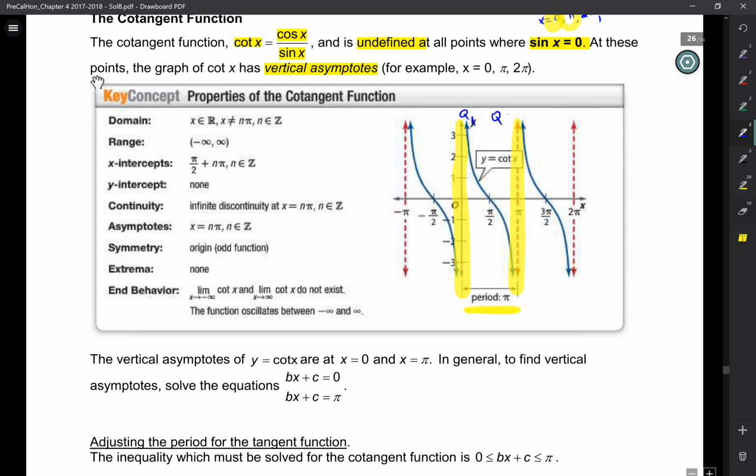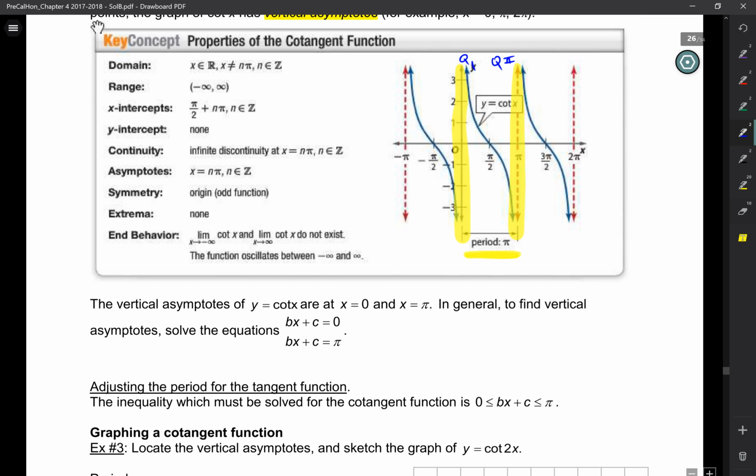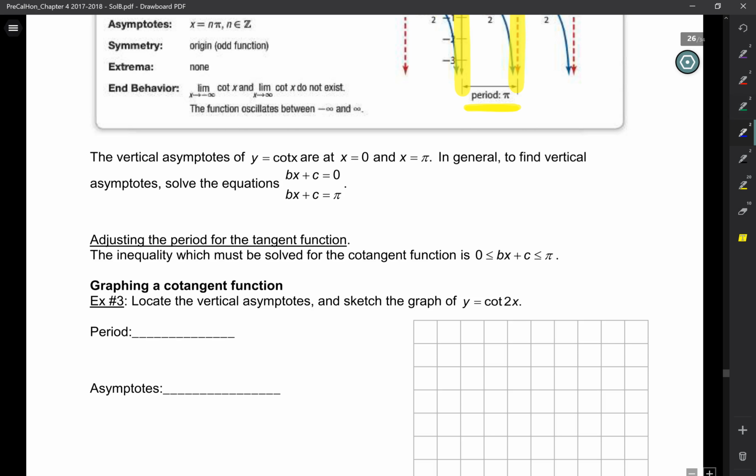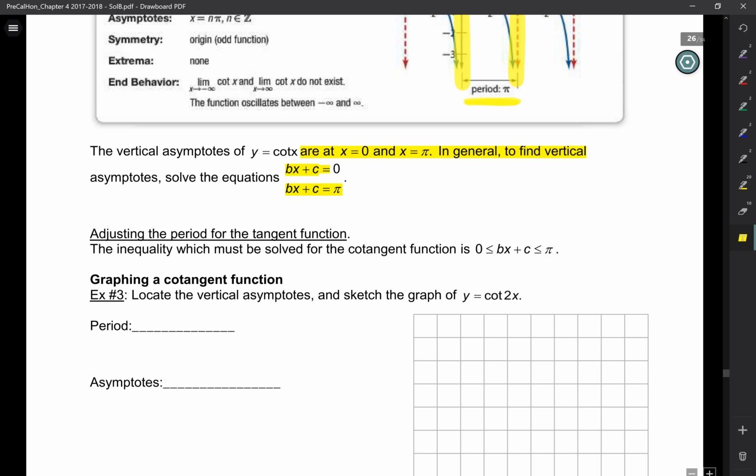Cotangent is negative there. Okay? Right, right. But for different reasons. So, the asymptotes again are at 0 and pi. So basically what you need to take away from that is this is the equation we're solving now, the inequality. Except they are just inequalities.